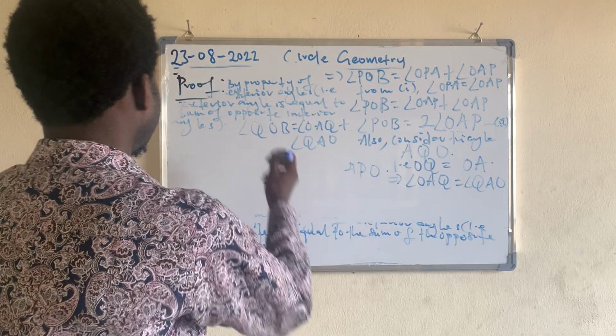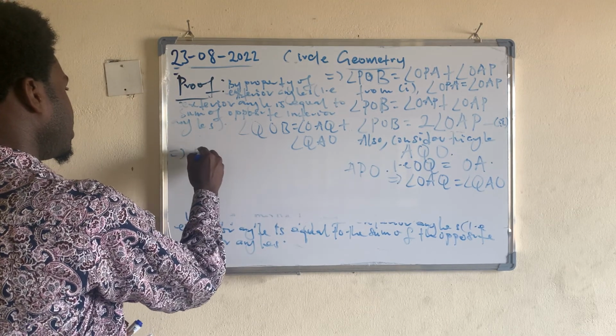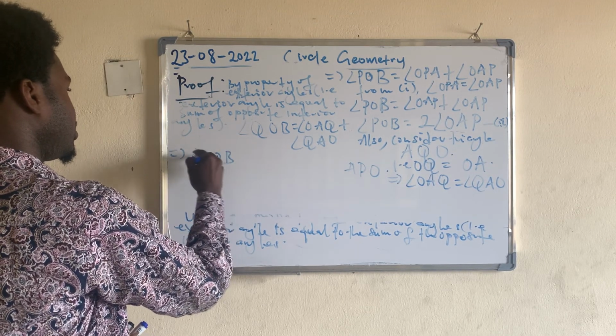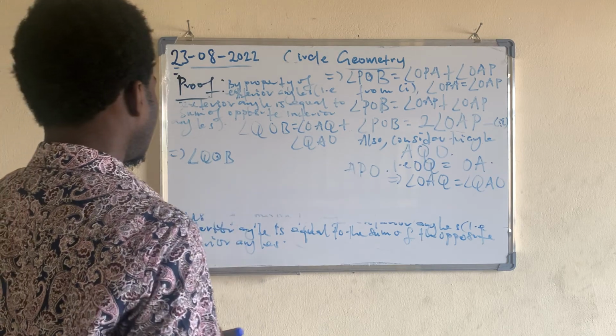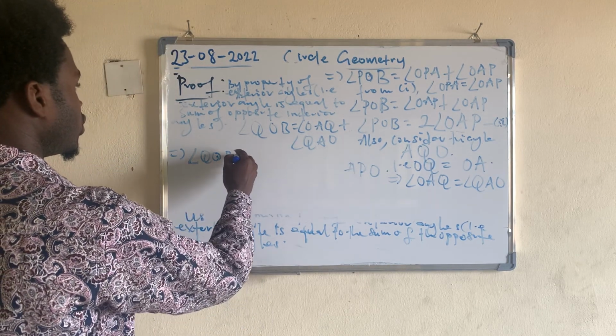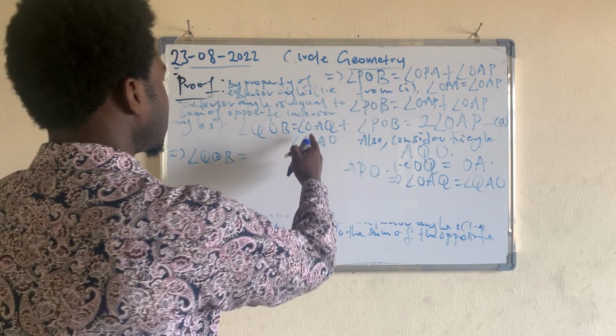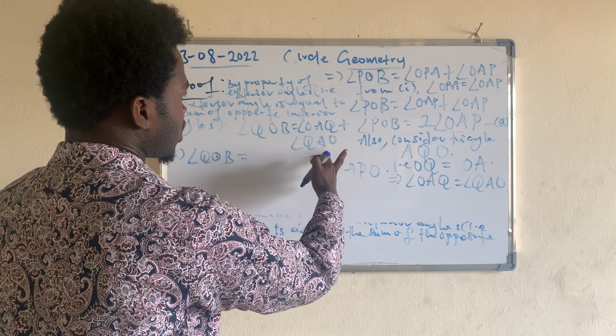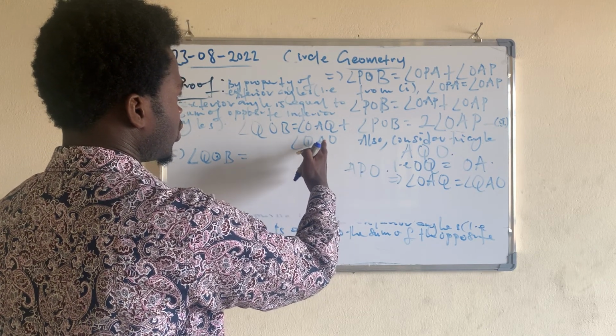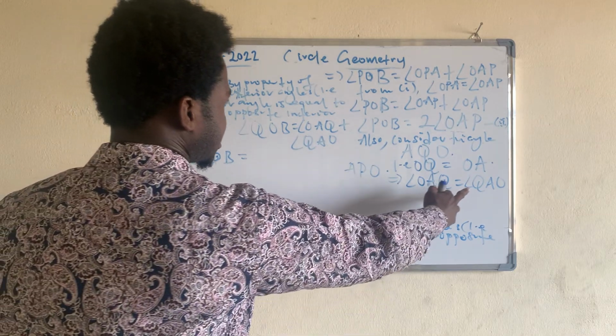So angle QOB, or you say BOQ, is equal to OAQ plus QAO. OAQ can be replaced by QAO since they are equal.